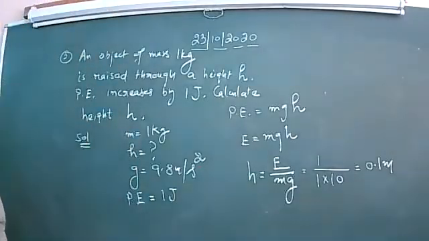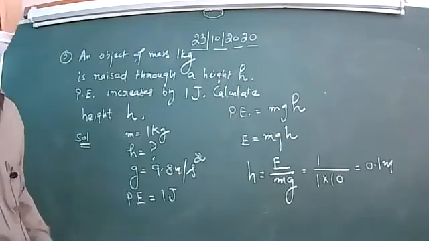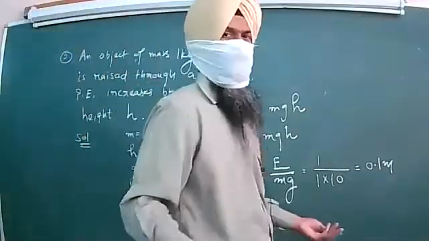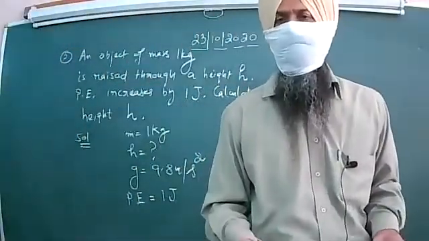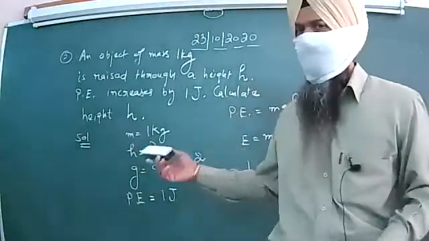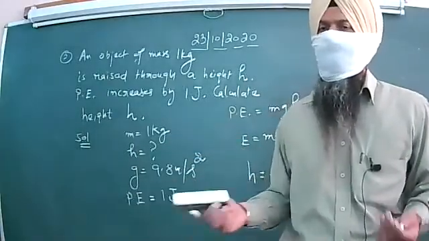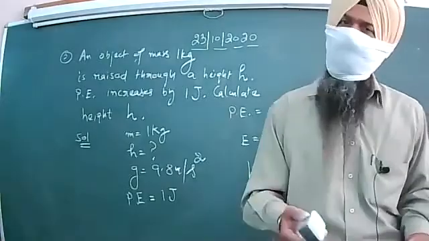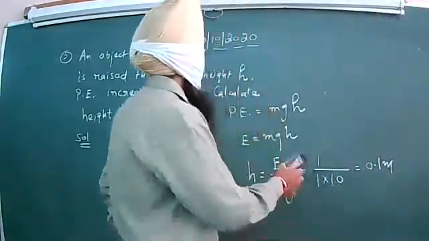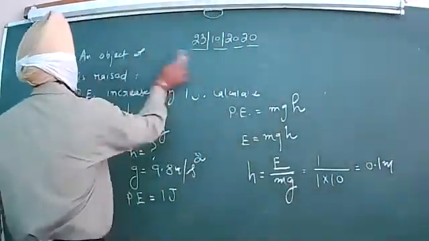Then, beta, after this, I am focusing upon the principle of conservation of energy. This was regarding your kinetic energy as well as potential energy. You also discussed how to calculate some numericals, maybe simple, maybe otherwise. Now let us proceed further with the principle of conservation of energy.